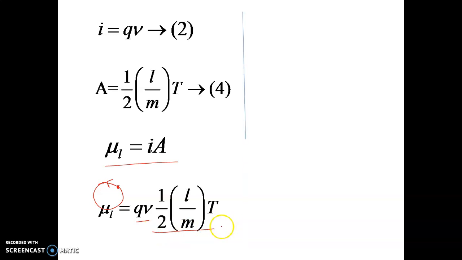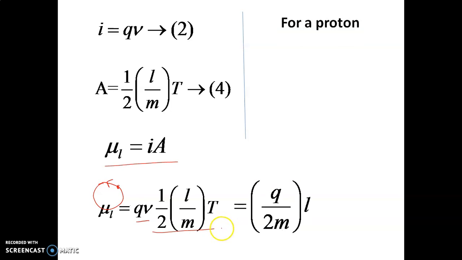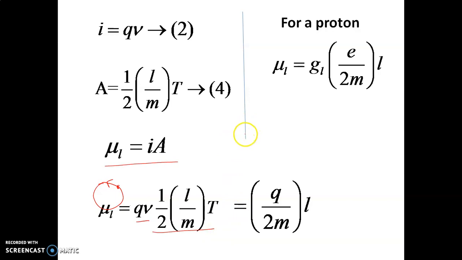Now students, here we have talked about a charged particle. Let us consider the case of a proton, which is inside the nucleus. So for a proton, this same expression for magnetic moment is written like this actually.